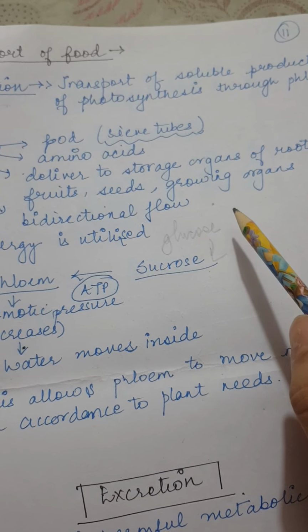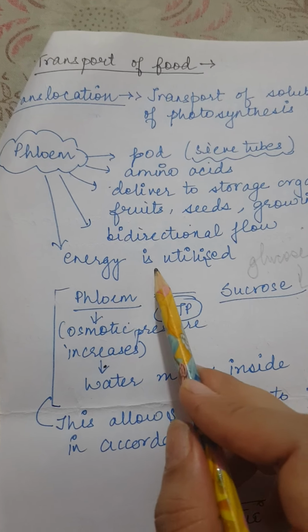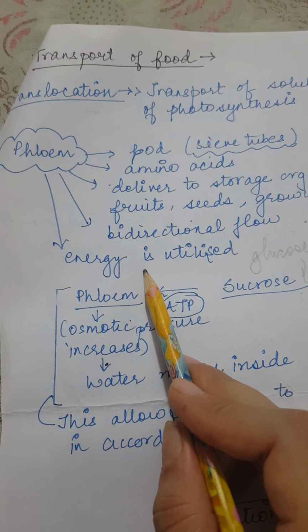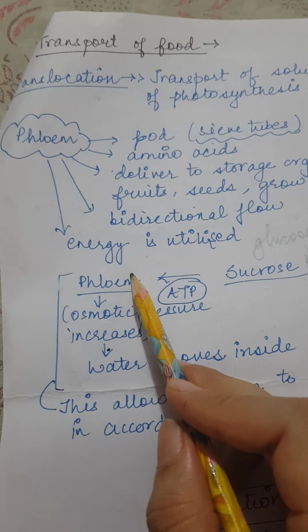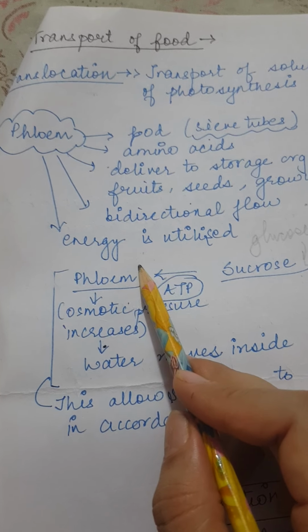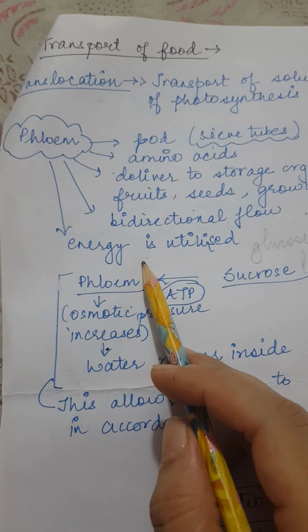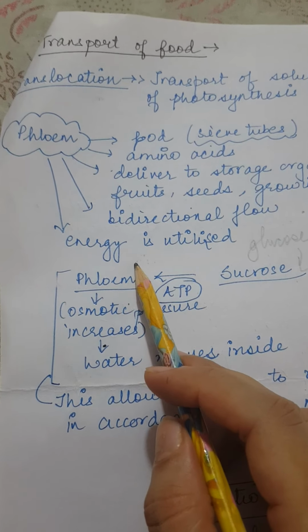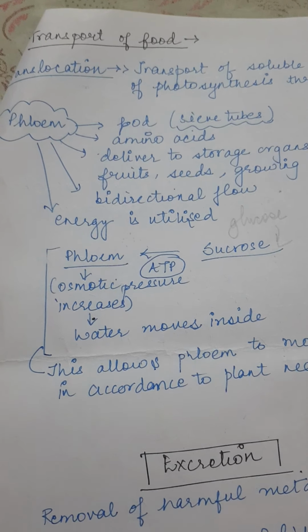That is why it is a bidirectional flow. Another difference is that in xylem, the flow of water is simultaneous, as well as spontaneous. No energy is required. But in case of phloem, energy is utilized. So these are the differences between transportation of food and water in plants.